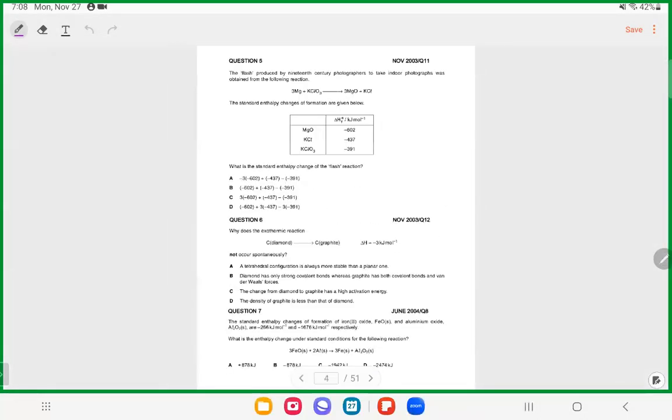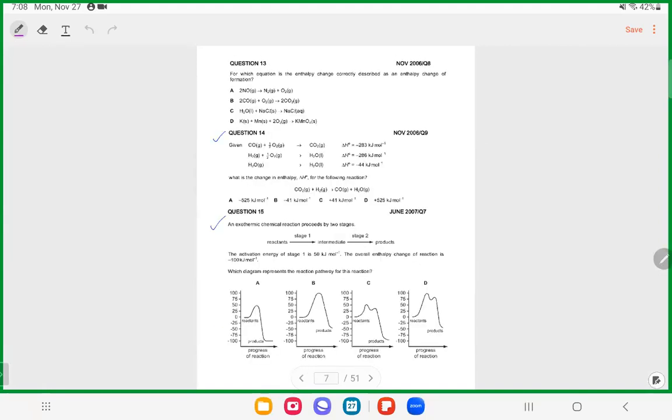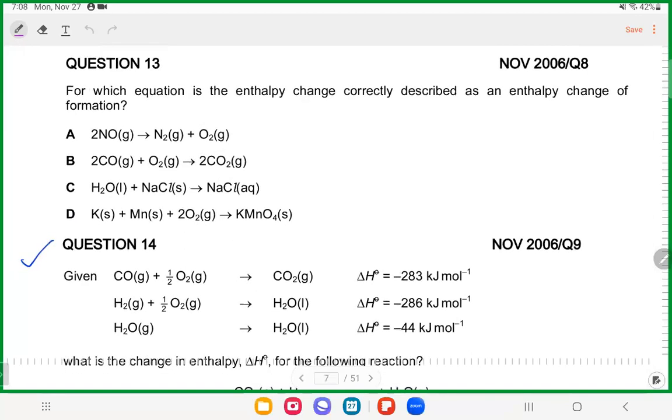There is one MCQ, I think. Which equation represents enthalpy change of formation? Question number 13. Formation is when 1 mole of a compound is formed from its elements under standard conditions.